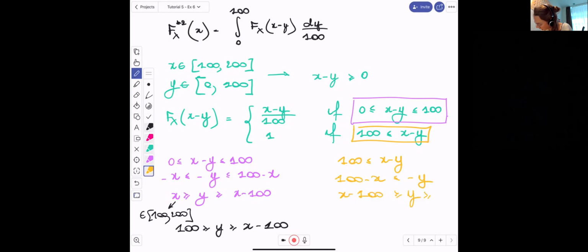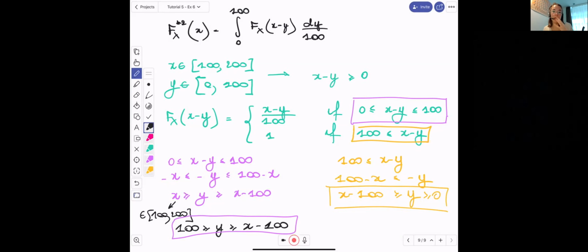So we have this condition, and then we have the condition from before. So in order to calculate this twofold convolution, where x takes values in between 100 and 200, we again need to distinguish two cases to know which part of our cumulative distribution function we can use.